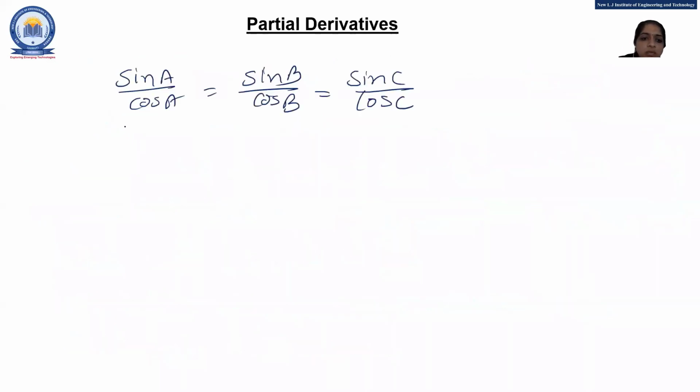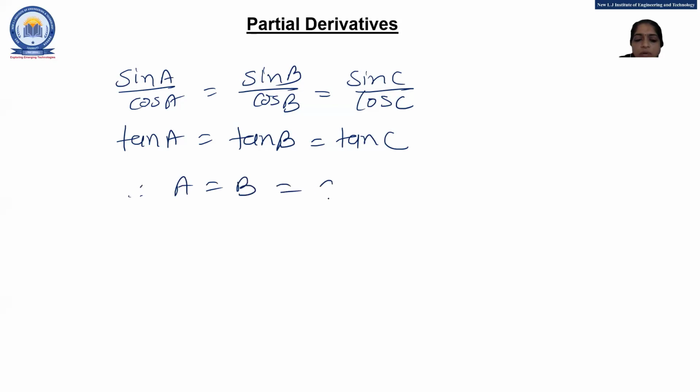So this gives tan A equal to tan B equal to tan C. Here tan A, tan B and tan C are all equal, which means A equals B equals C. And in a triangle, if all angles are the same, then each angle is 60 degrees, that is pi by 3, right?